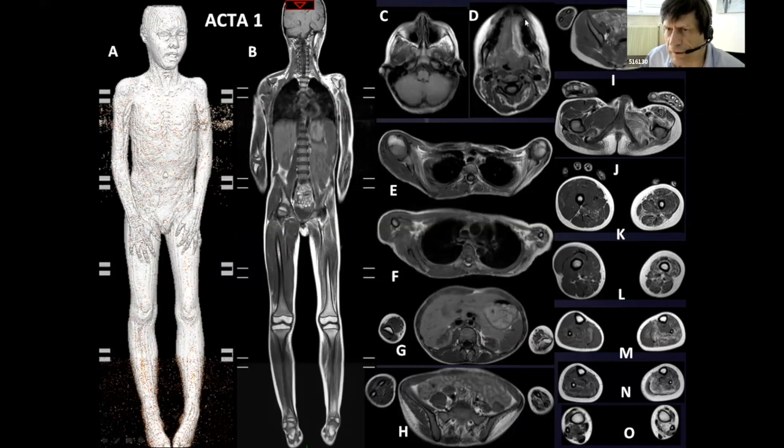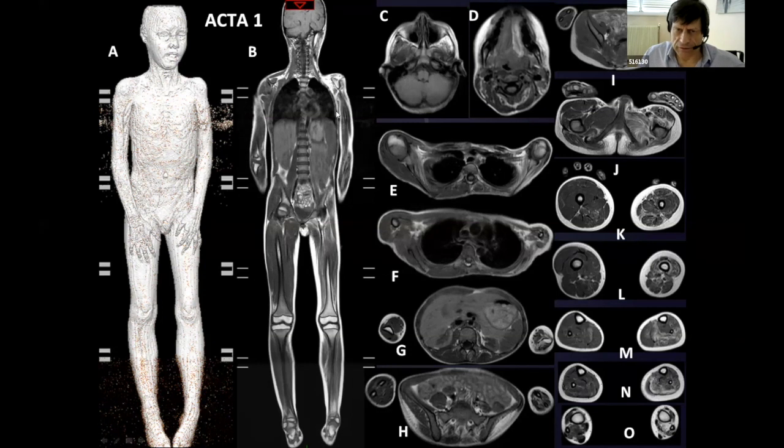As you can see, it is also visible in the tongue, and the fatty replacement in bright signal is very, very important. On the left side, the replacement pattern is very evocative of ACTA1 disease, but it's very strange to have an asymmetrical distribution.